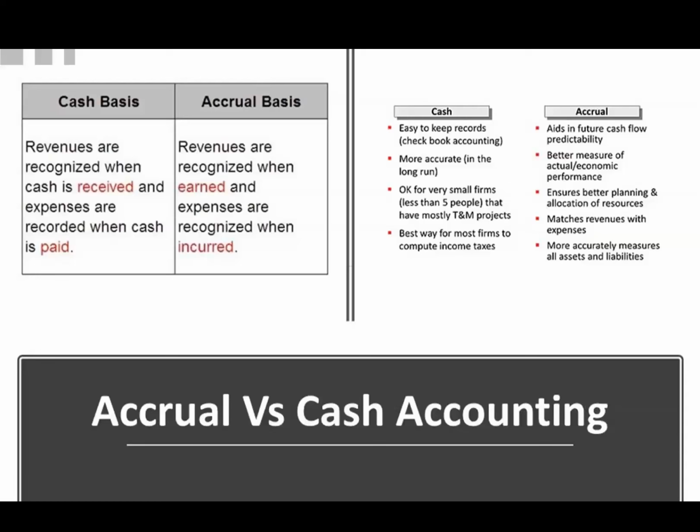And so on a cash basis, you're recognizing revenue when you get the cash in, and you recognize the expense when you pay it. And so it's directly based. This is checkbook accounting. This is where you can almost run your business off your bank statement and be able to see exactly what came in and came out, and have that be what gets recorded in your books.